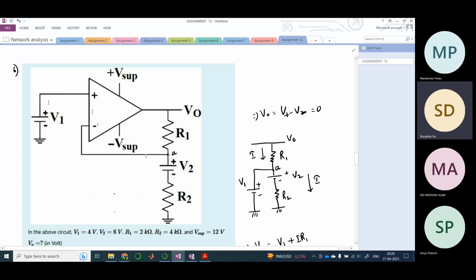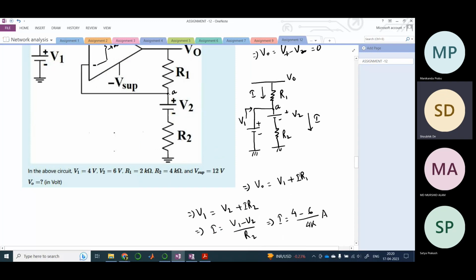Ideally there is a resistance here which is infinite, so no current would be flowing through this path here. Therefore, we only say that the potential across this total, this V2 and R2, is V1. This you need to keep in mind. You need to understand this. Bas, that's it.